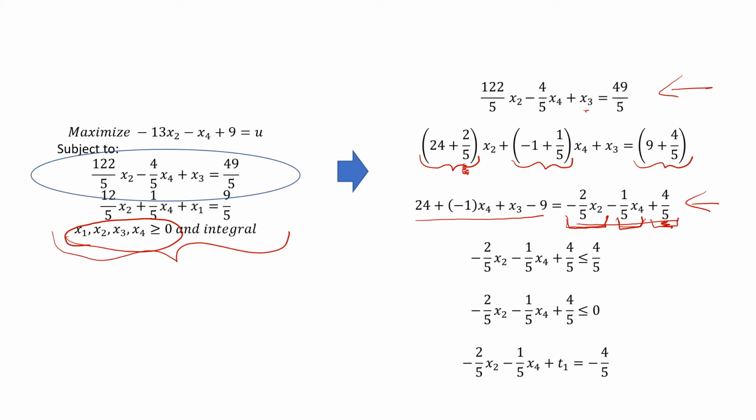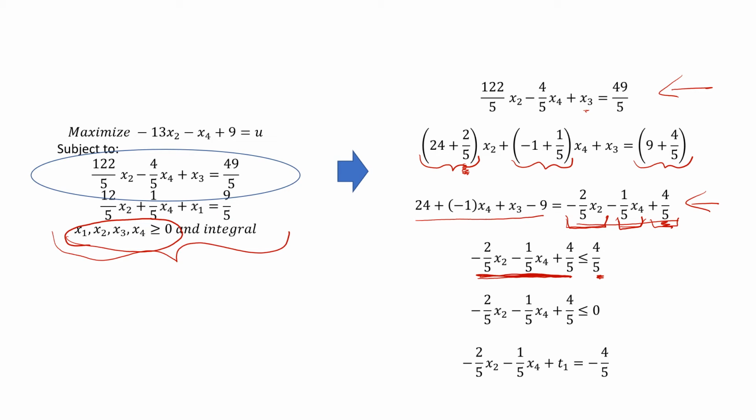So that means that the x2 and x4 can be 0, or they can be something larger, but no matter what they are, because they're positive, that equation, which is the right-hand side, has to be less than or equal to the value of our constant. So that's just pulling out the right-hand side and noting that this can never be any larger than 4 over 5 because my variables are all positive.